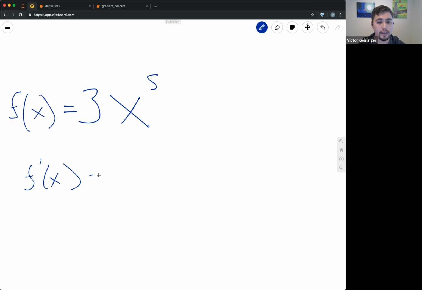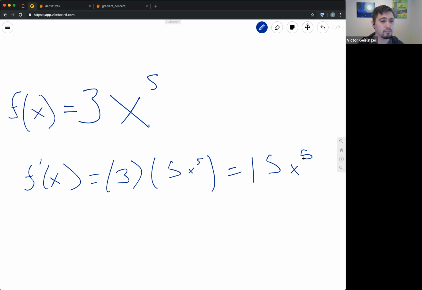You just keep that same constant, in this case 3, times whatever the derivative of x to the power of 5 was, which was 5 x to the power of 5. That ends up being 15 x to the power of 5. Okay, so hopefully that's pretty familiar.